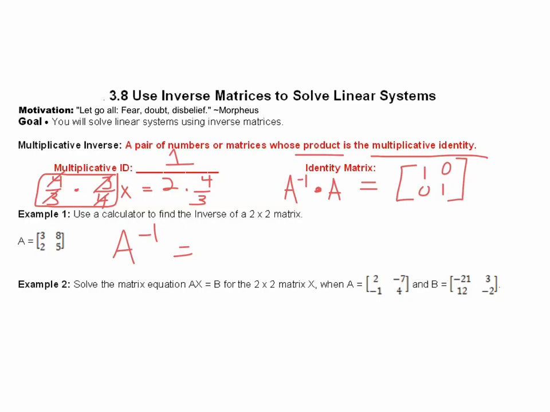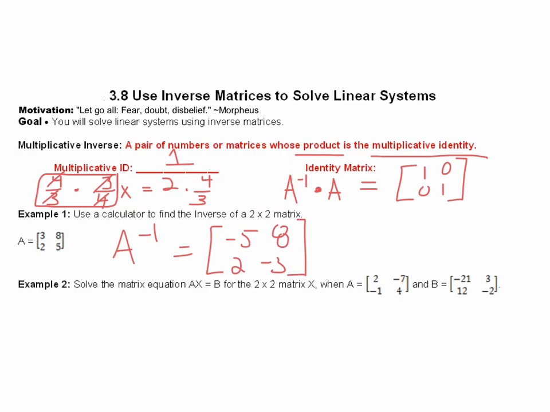Then I just hit that same matrix button again, that little x to the negative first, and a little exponent of negative 1 gets there. And then you press enter. Everybody on their screen should see right now the matrix negative 5, 8, 2, and negative 3.